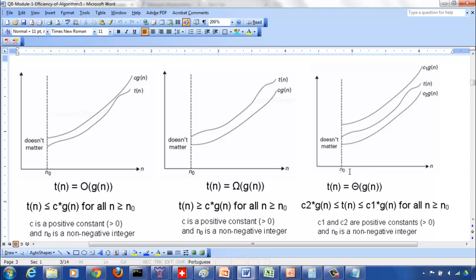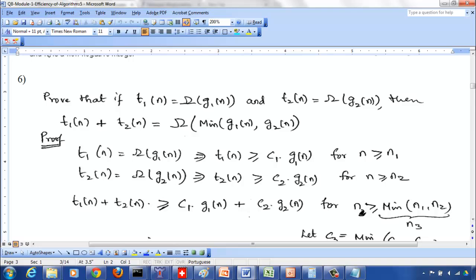So after a constant n0, t of n is always greater than or equal to c2 times g of n, but it is less than or equal to some constant c1 times g of n. So the growth rate, as I said, differs only by a constant.